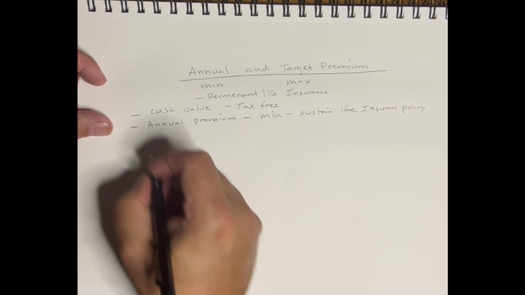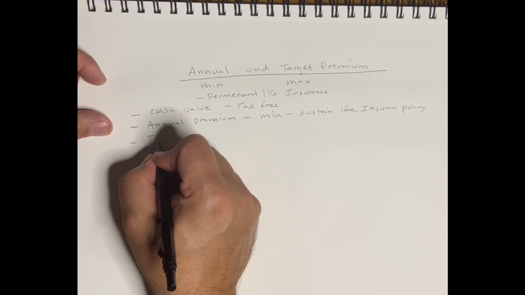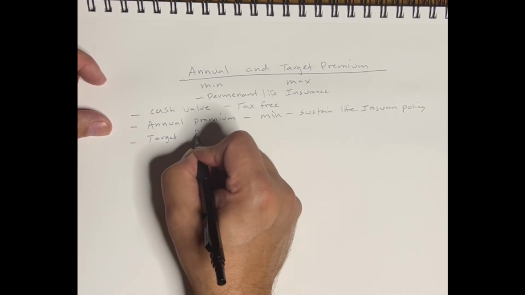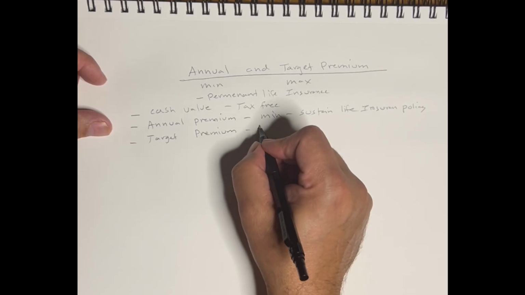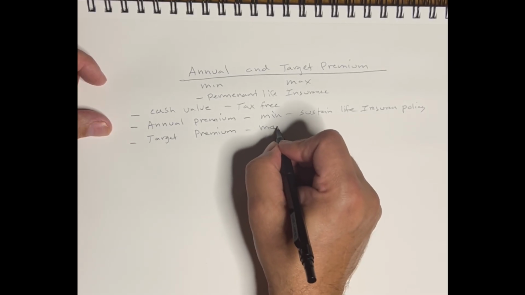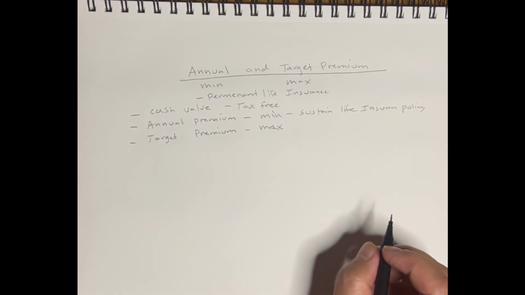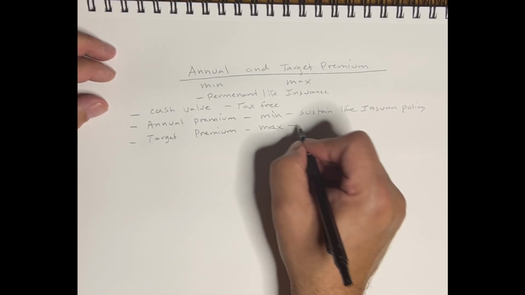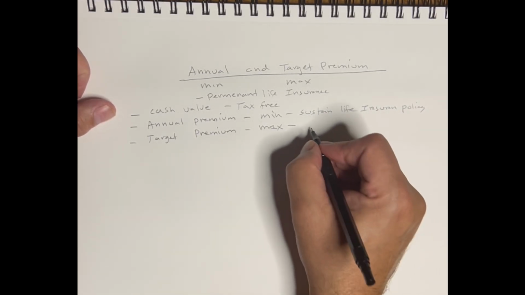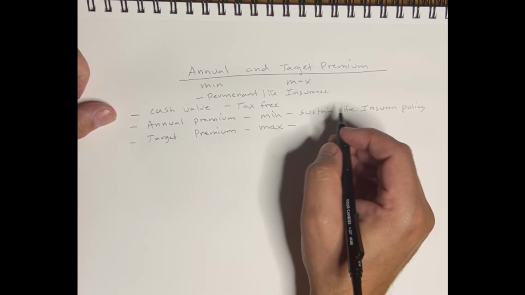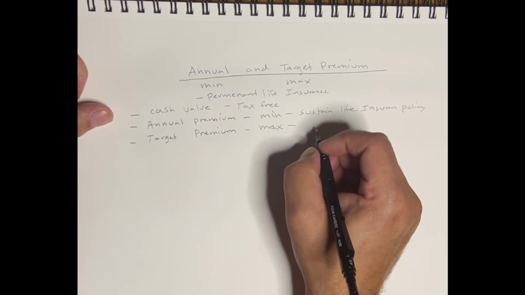Your maximum is going to be your target premium. The IRS is going to limit the amount of money that you put into a life insurance policy each year, but it's going to allow you to make extra payments on top of your annual premium using the target premium.